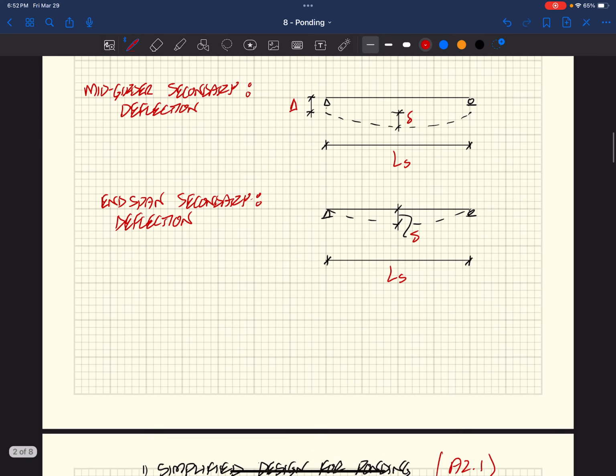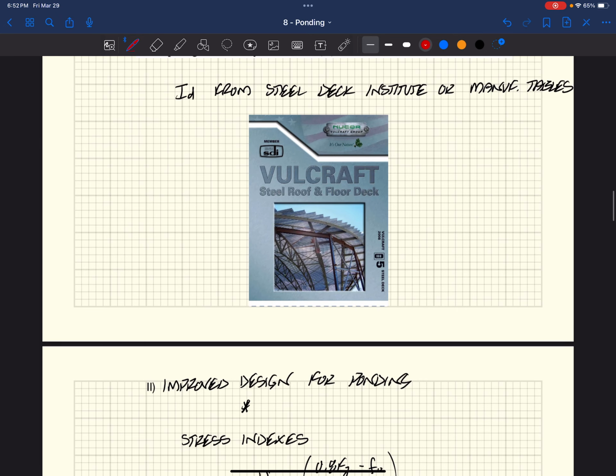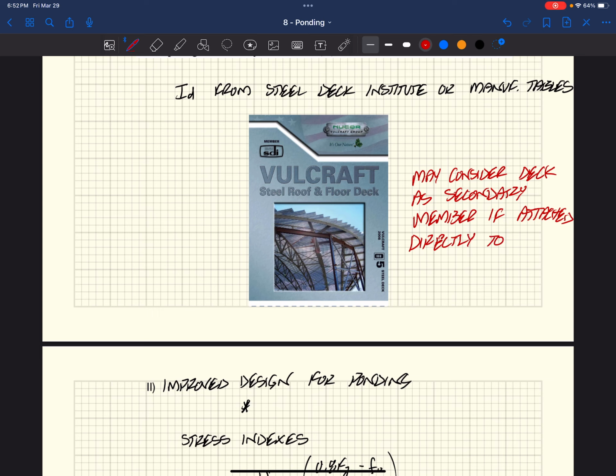And if that's the case, what AISC tells us we can do is we may consider deck as secondary member if attached directly to the primary framing.